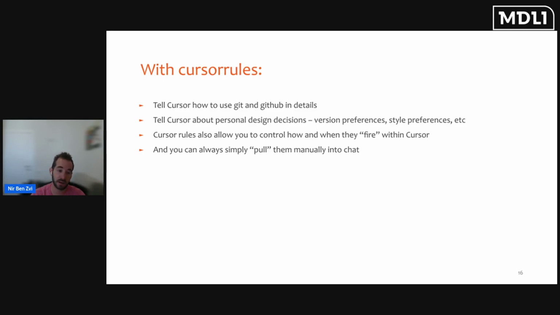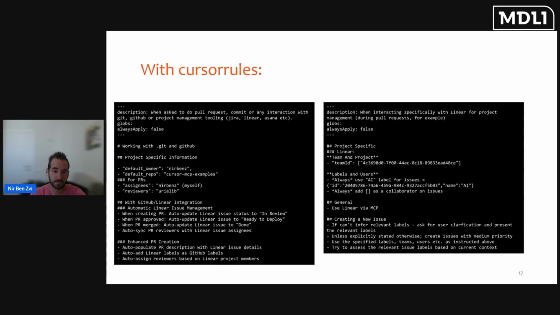A Cursor rule can also define for itself when and how it fires within the chat. And I can also always pull them manually, which is sometimes preferable. I think that's actually something that doesn't work perfectly yet. It sometimes doesn't pull them automatically. That part still needs work.